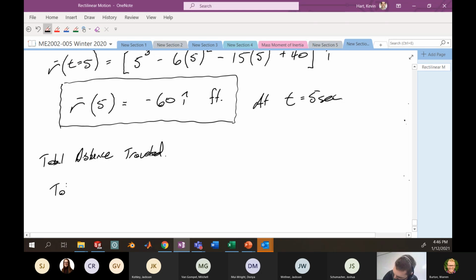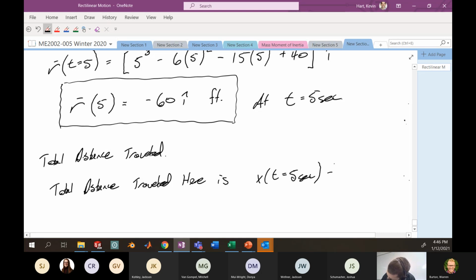So total distance traveled is the position I end up with at time 5 seconds minus the position I started in. That's an important clarification here. All right. I've already calculated this. What is my position after 5 seconds? That's negative 60 feet.